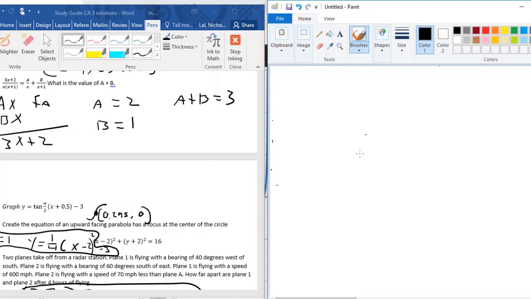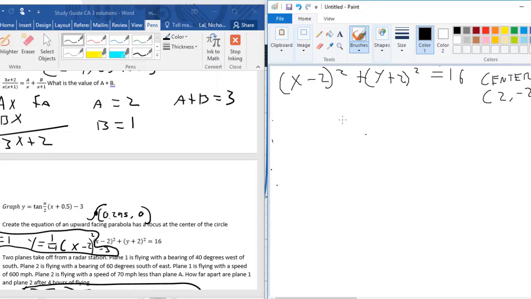Find the equation of the upward facing parabola that has a focus at the center of the circle, x minus 2 squared plus y plus 2 squared is equal to 16. Now what is the center of this circle? 2, negative 2. The x-coordinate of the center is 2, and the y-coordinate is negative 2.